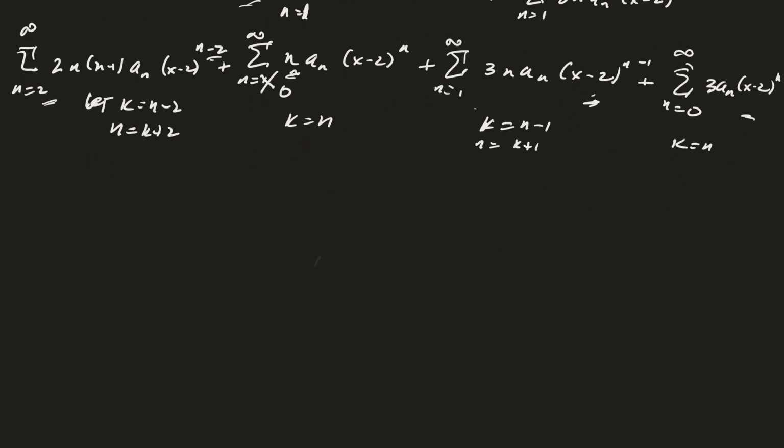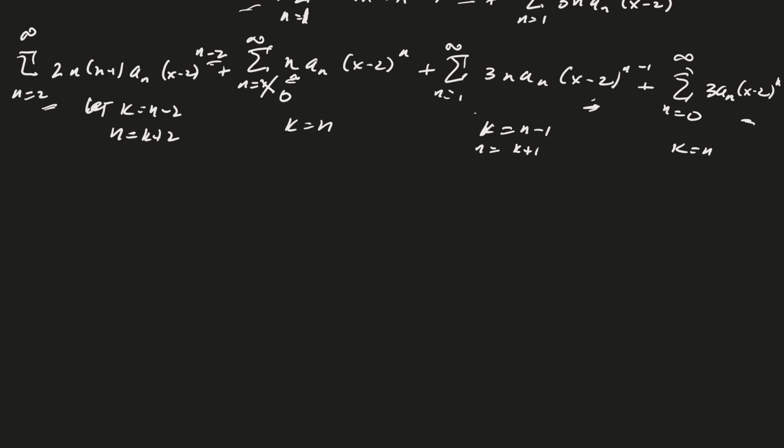Very good. Okay, and now we can bring the sum together. Now we're working with k equals 0 to infinity. So this first one is going to be 2 times k plus 2 times k plus 1, a sub k plus 2. Okay, that finishes that first one.